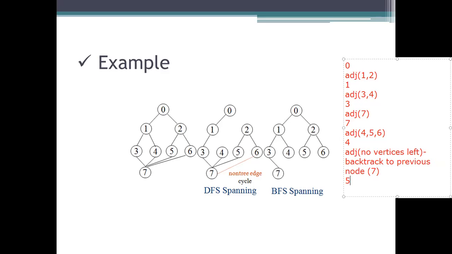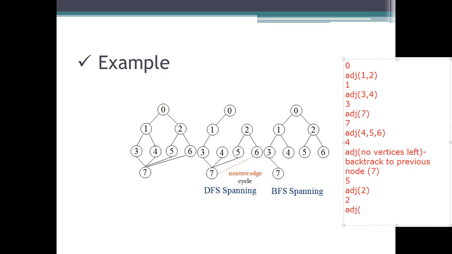After that, the adjacent of 5 is 2, which is unvisited. Visit 2. The adjacent of 2, which is unvisited, is 6. Visit 6. Any others? No vertices are left, so we stop the processing.